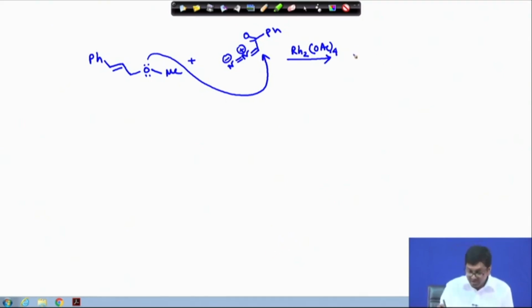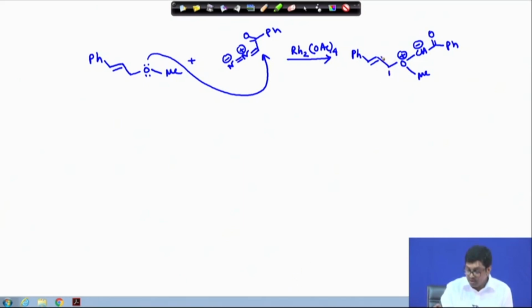So, this will generate the ylide. Okay. Now, this ylide is ready to attack for the further 2,3 sigmatropic rearrangement.